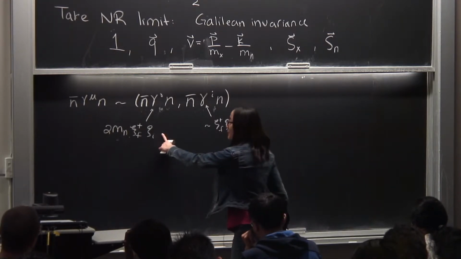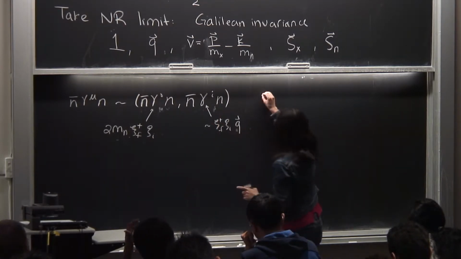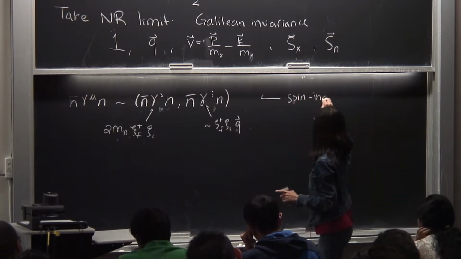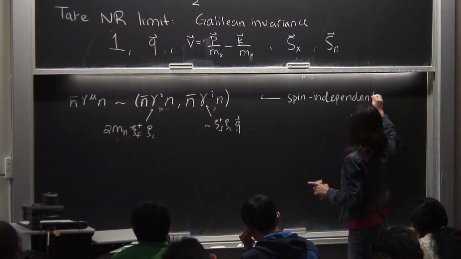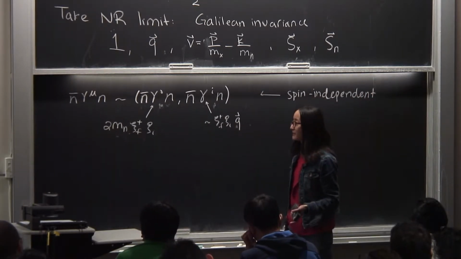We're just left with the first part, and it's just a contraction of the spin states. This is what's known as spin independent, because it doesn't depend on the spin of our nucleon states.